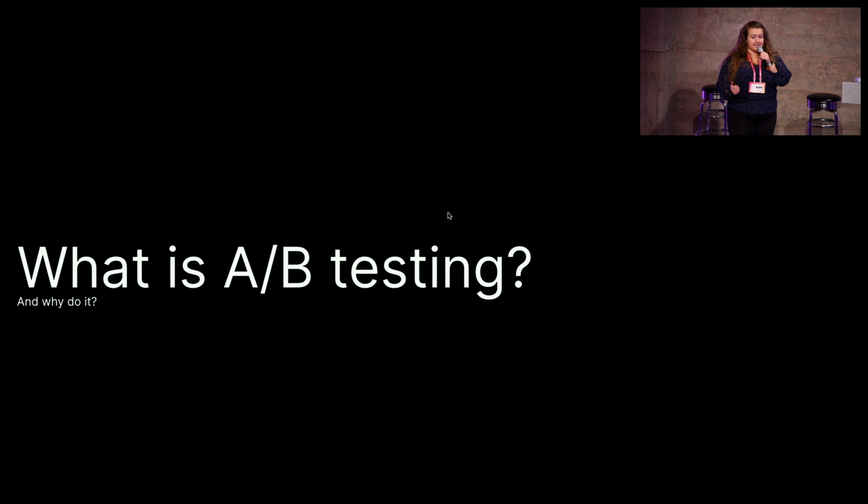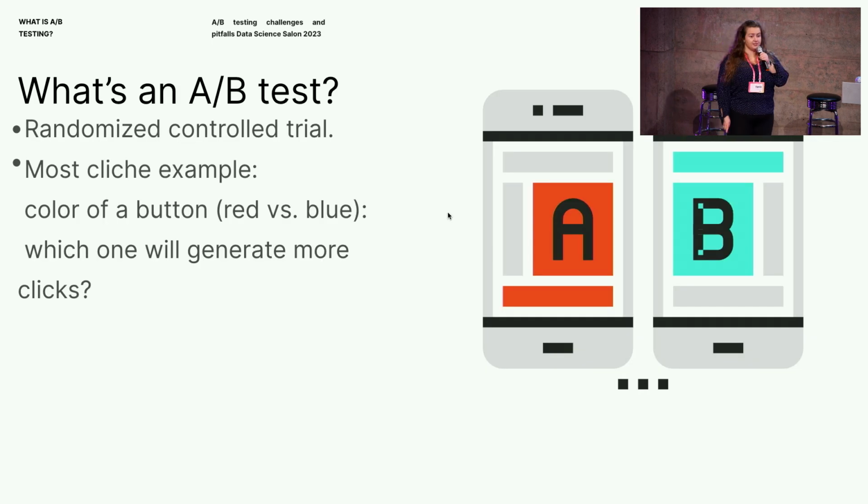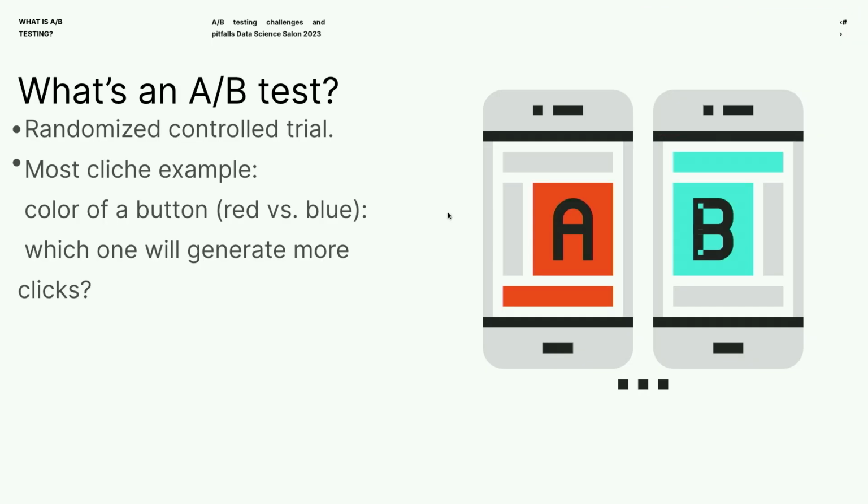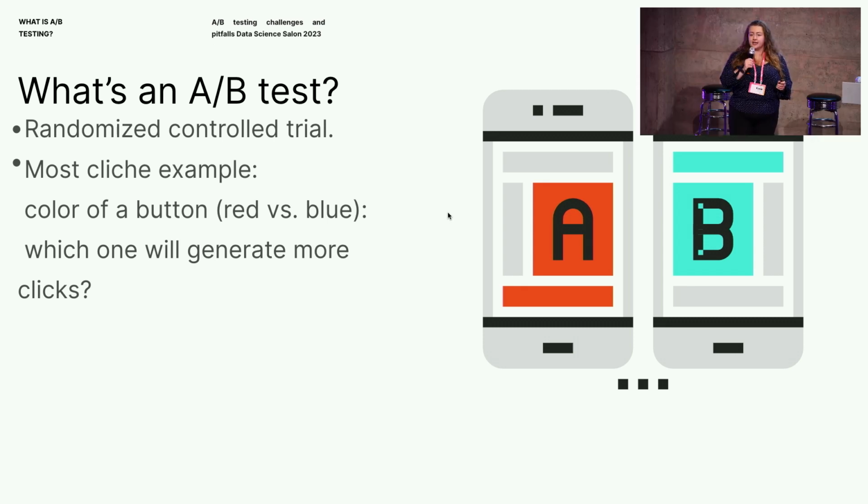So what is A/B testing? It's a randomized controlled trial, kind of like we see research being done in, for example, medicine or in academia. And whenever you Google what is A/B testing and want to learn some basics, you hear about this experiment about whether users are more likely to click on a red versus blue button.